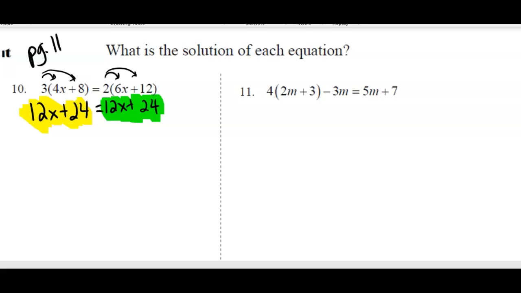Okay. When they are identical like that, the answer that you write after you show this work is you write the word identity.